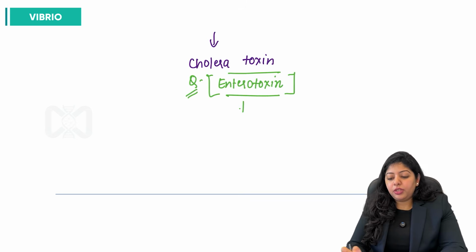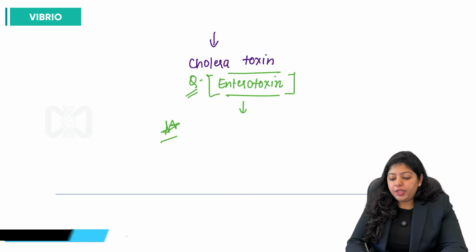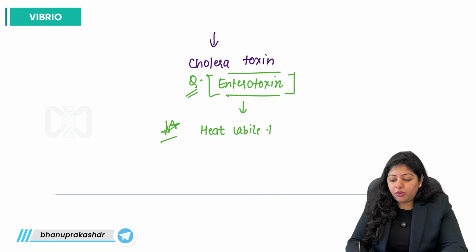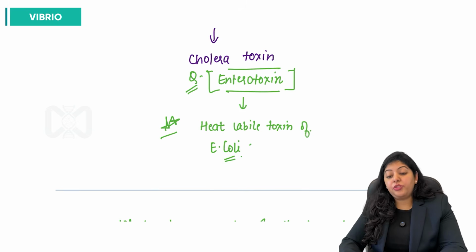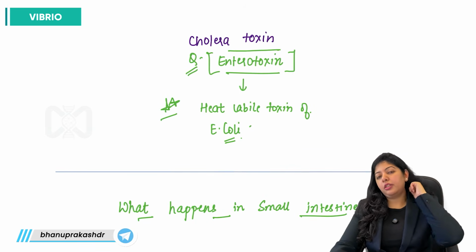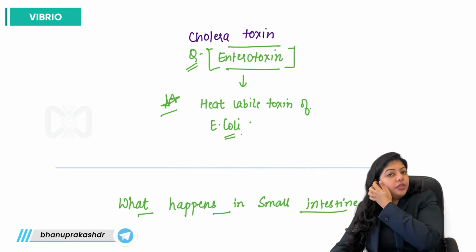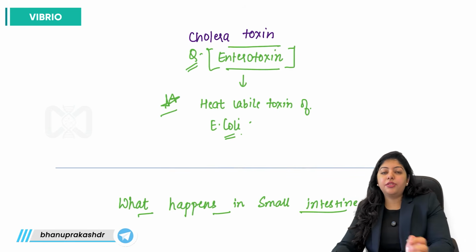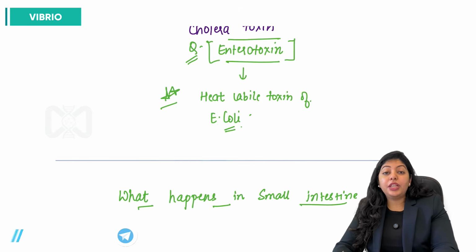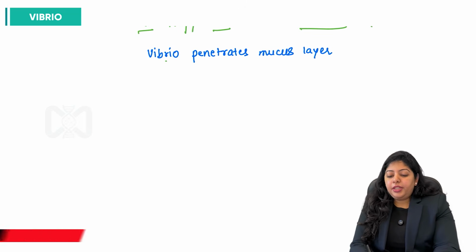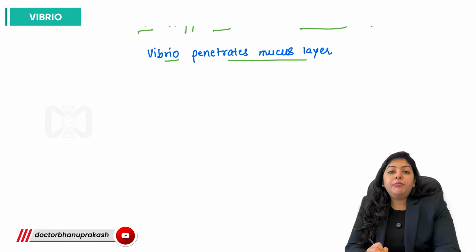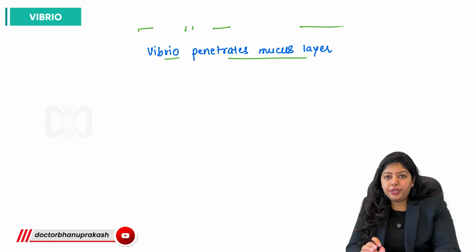So this enterotoxin is similar to the heat-labile toxin of Escherichia coli, right? You must remember this. Now we said the bacteria reaches the small intestine, and it is in the small intestine where it is causing the release of the enterotoxin. But how does it do it? So firstly, this Vibrio is going to penetrate the mucus layer of the small intestine, right?